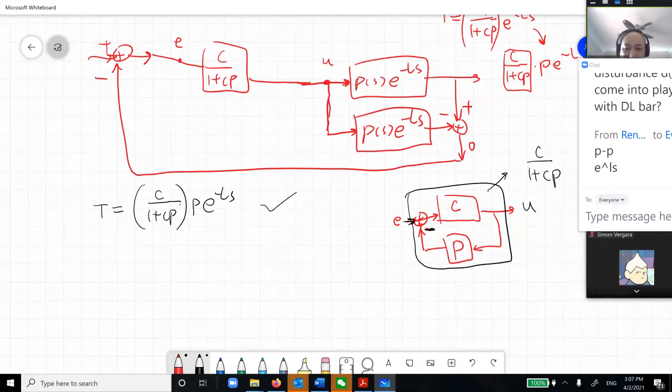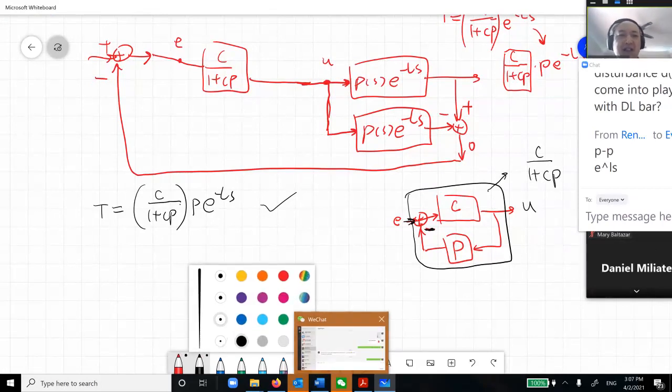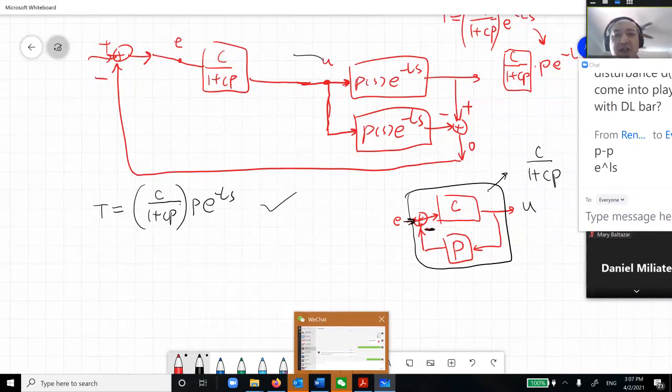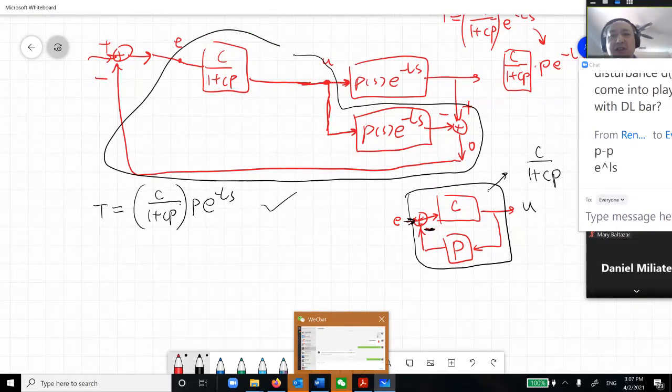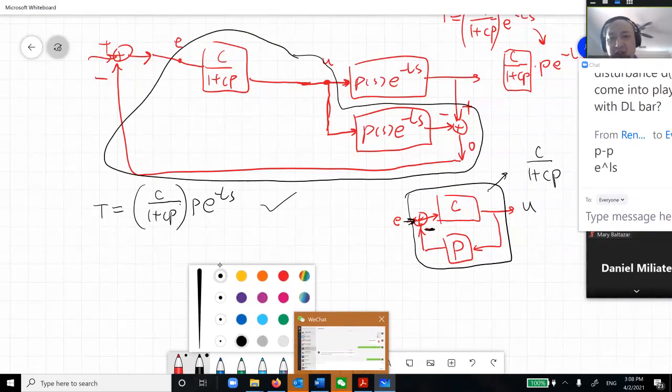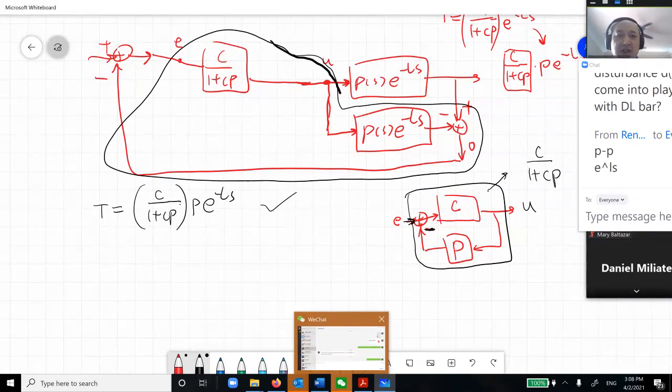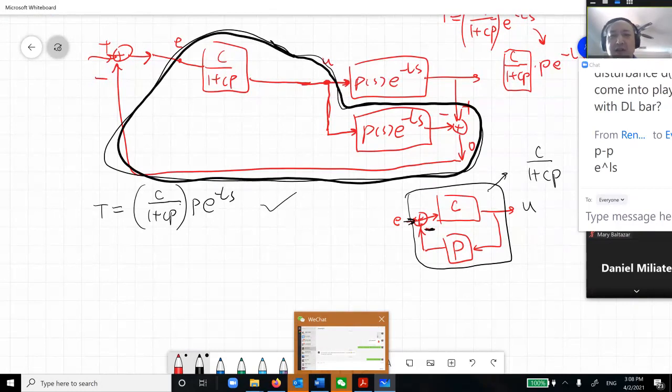But in this case, we have to do something careful. Tell me what your controller is. My controller is from here to here. This is my controller. This controller is actually called Smith's predictor control.